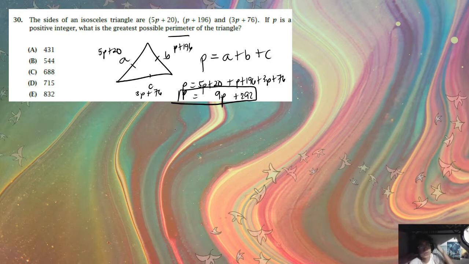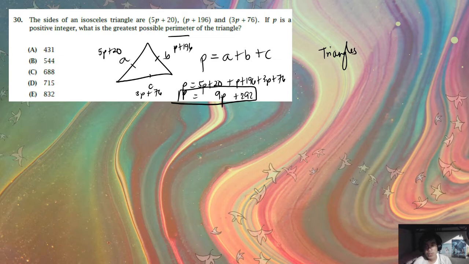Okay, so how do you find the maximum perimeter that we can create for this figure given these side measurements? We know that for triangles to exist, the sum of the two smaller side measurements should be greater than the biggest side measurement.